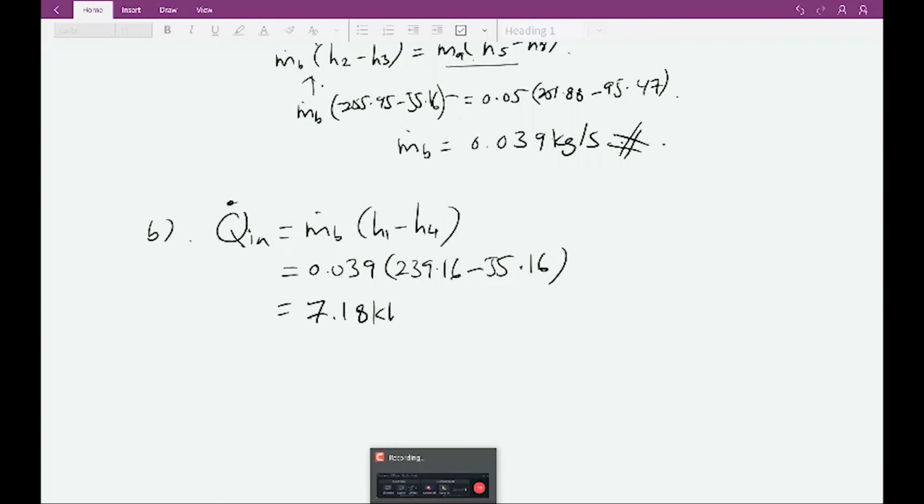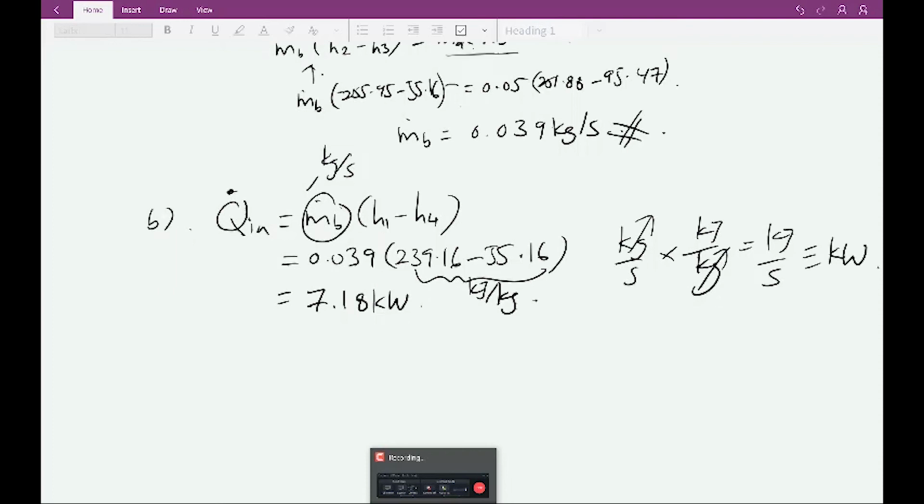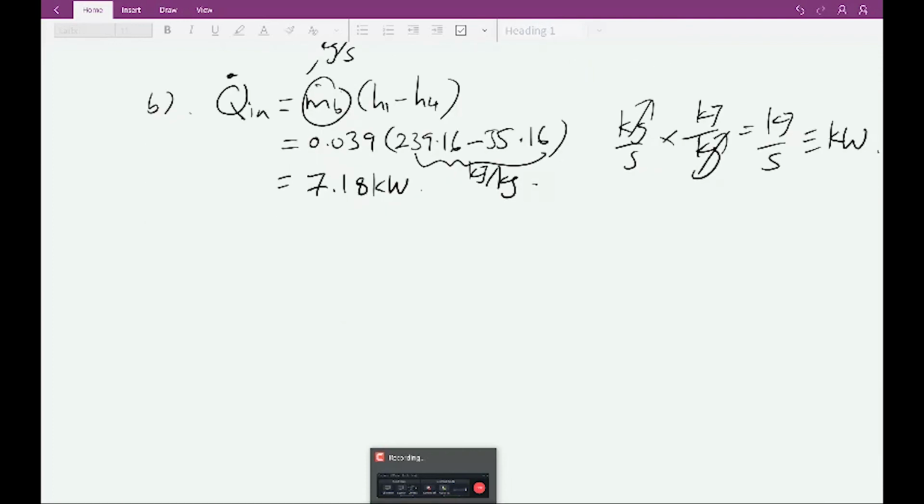Your unit must be consistent because this is kilojoule per kilogram, while your mass flow rate is based on kilogram per second. And when we multiply this together, it becomes kilojoule per second, or simply we write as kilowatt. So this is your second question.